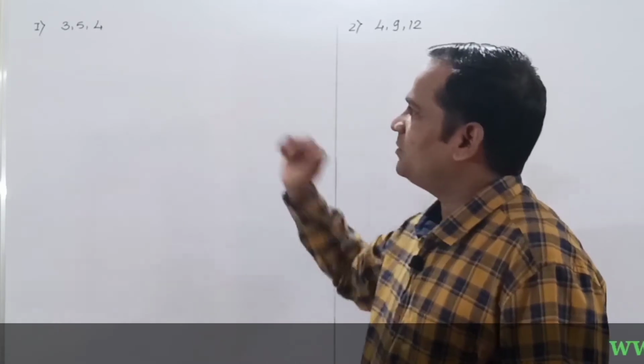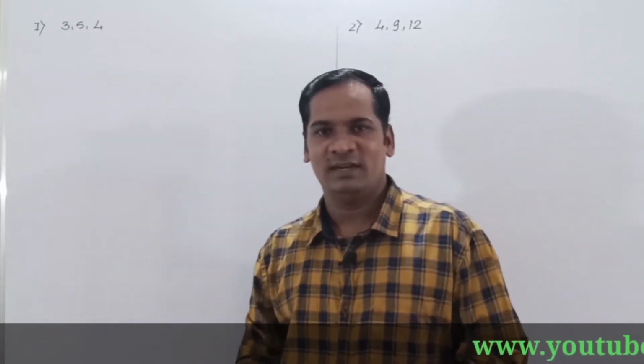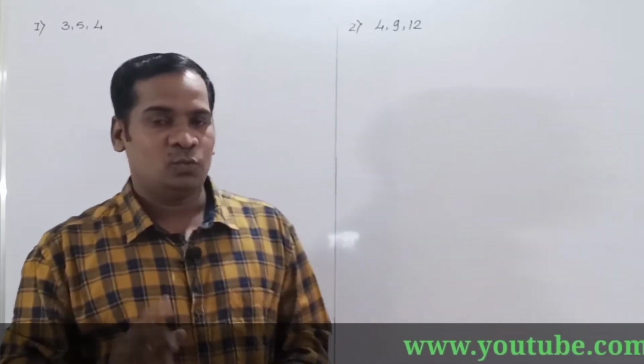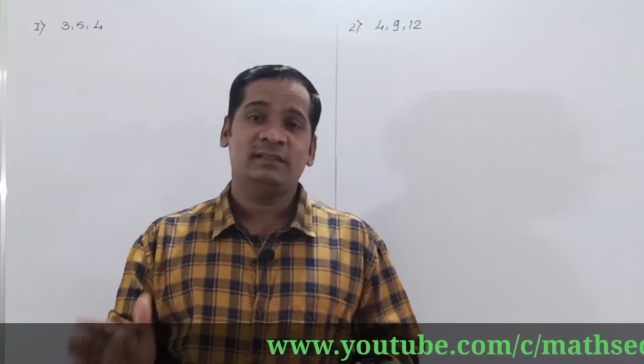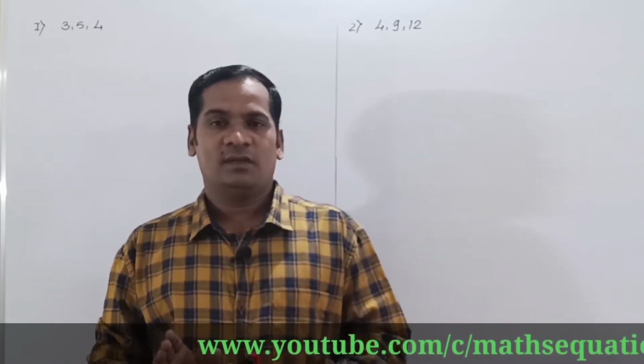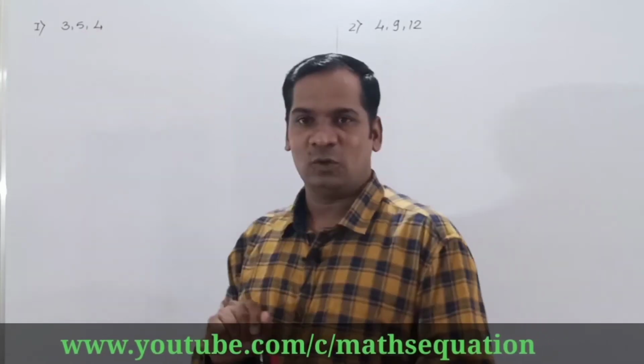So let's discuss the first example, whether these given three numbers are a Pythagorean triplet or not. To find out, we have to take the square of the largest number first of all.